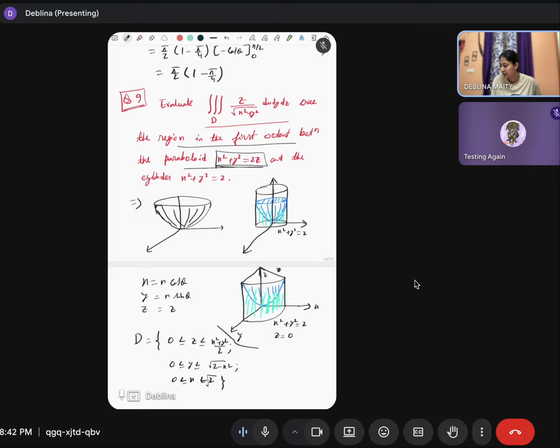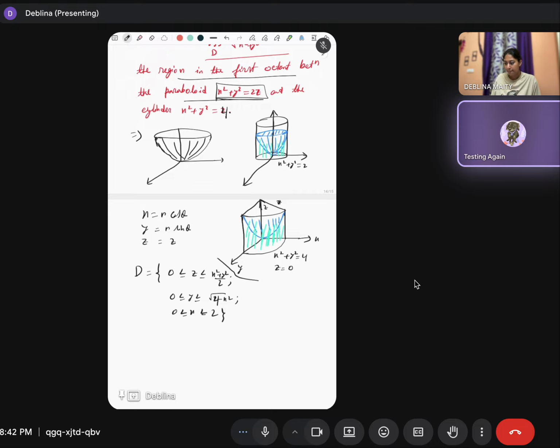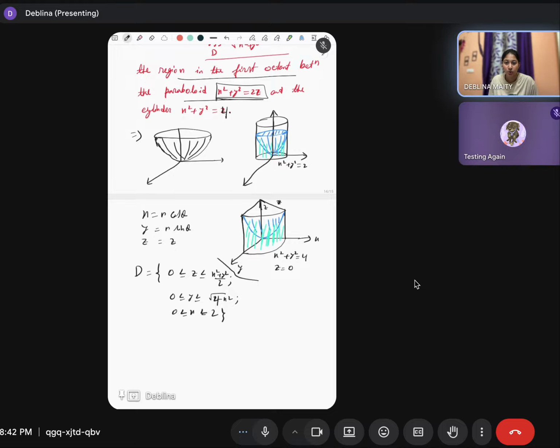I think it will be x square plus y square equals to 4. Yes, x square plus y square was 4. It's a small mistake. So it will be 4 minus x square, and x is only up to 2. Z is x square plus y square by 2, the paraboloid. So z goes from this plane to the paraboloid, and xy is in the circle.